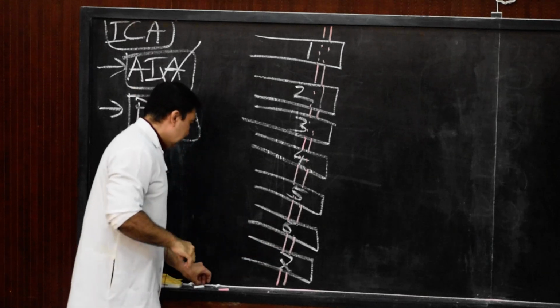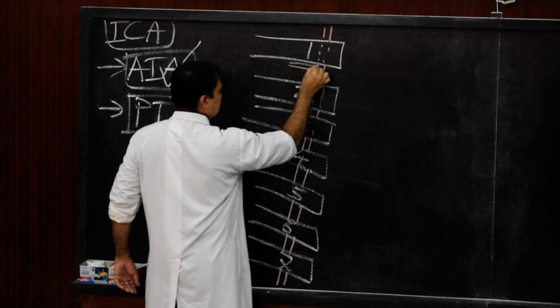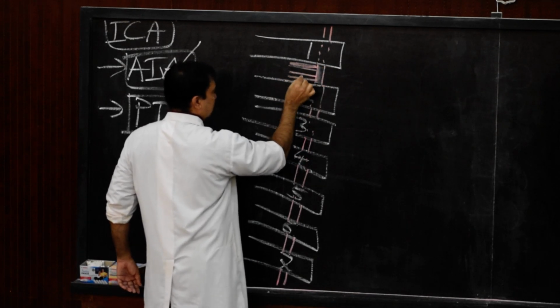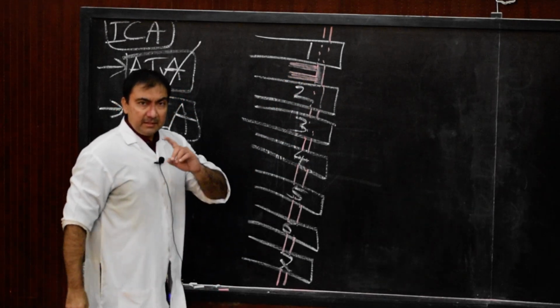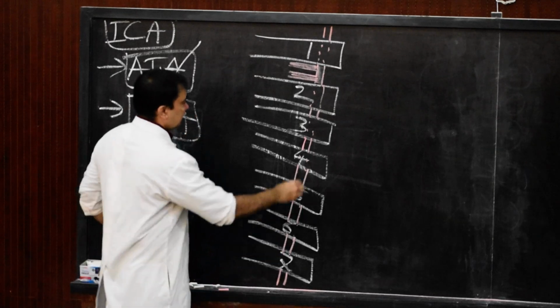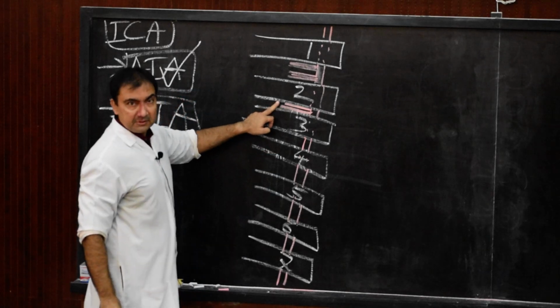So in this line diagram, this is the anterior intercostal artery of the first intercostal space. Remember, in each space there will be two anterior intercostal arteries. This is the second intercostal space.